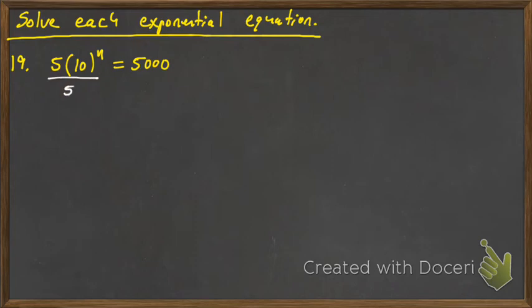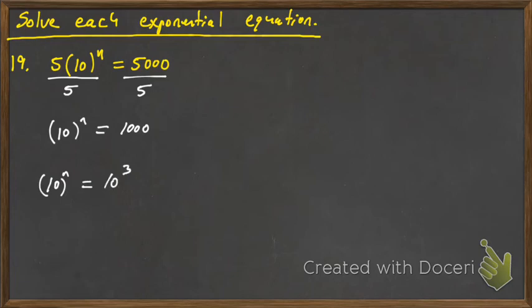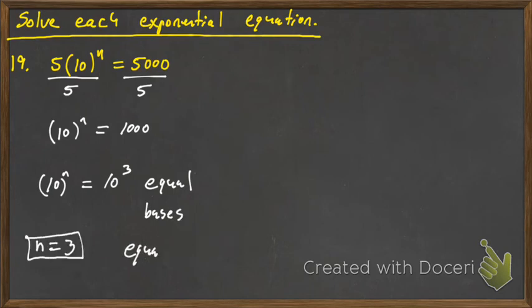So we're going to divide by 5, and then we're going to have 10 to the n is equal to 1,000, and 1,000 is 10 to the 3rd power. So now we have equal bases, so we will have equal exponents. And that's it.